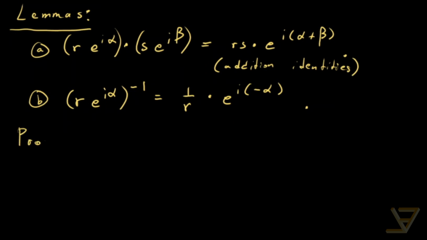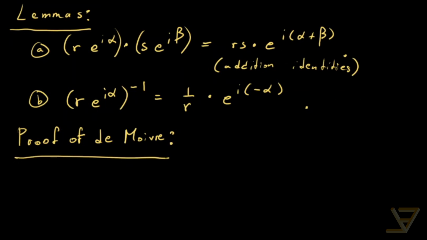So let's prove De Moivre's formula. What we're going to do is break it up into the cases where the exponent is n equals 0, n is greater than or equal to 1, or n is less than or equal to -1.